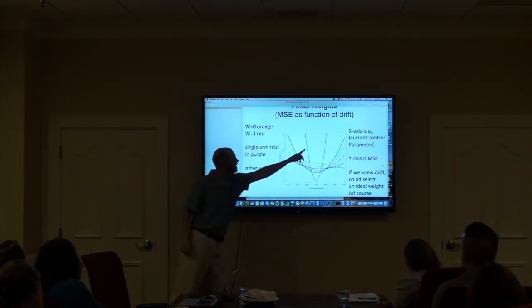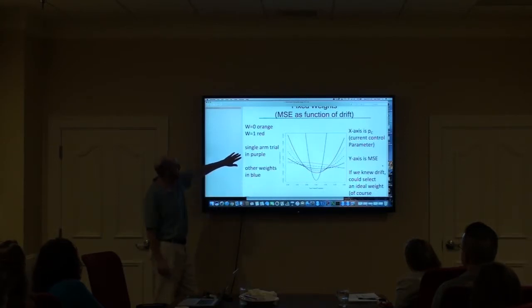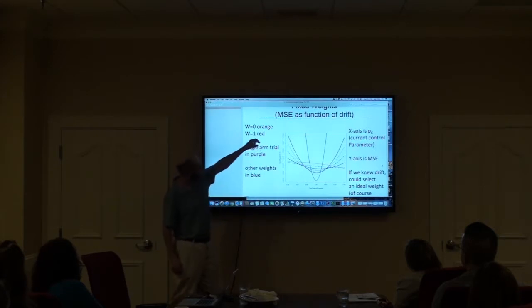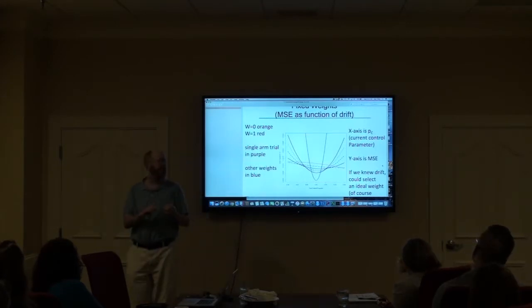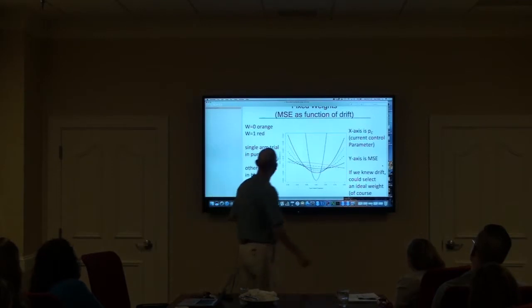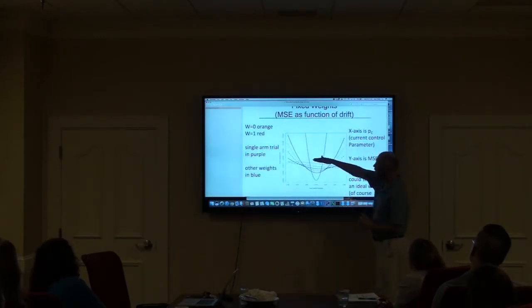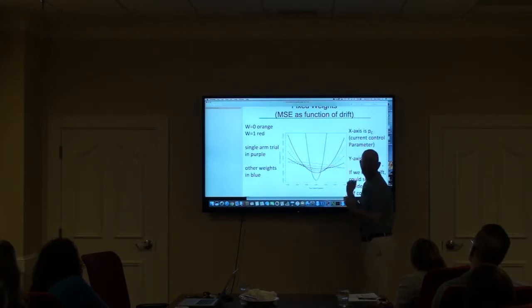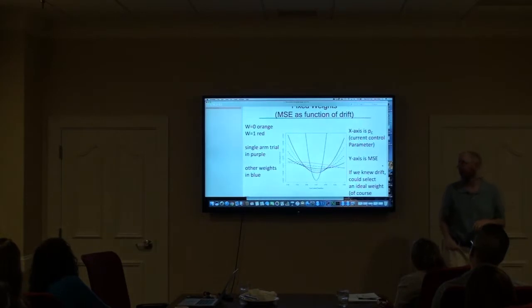So that's this analysis right here. And then I've also got the single arm trial that's in purple. And then the other weights that are in blue, I think they're 0.2, 0.4, 0.6, and 0.8. So you can see the continuum here. And certainly if you start with a weight of 0, this does form a continuum. You gradually start from this and you push down to that as you increase the weight.